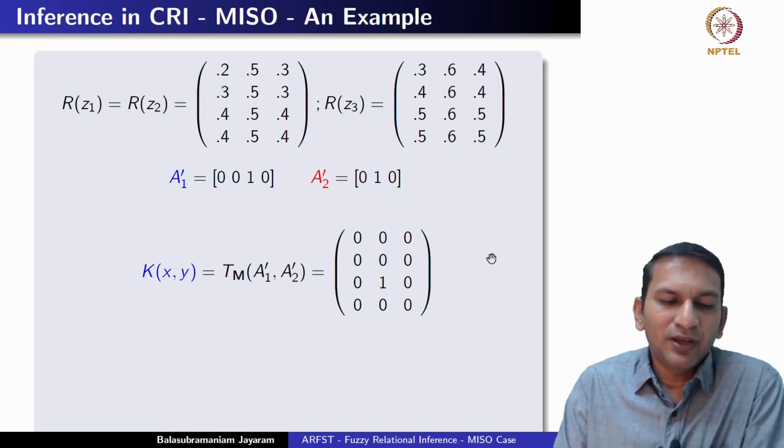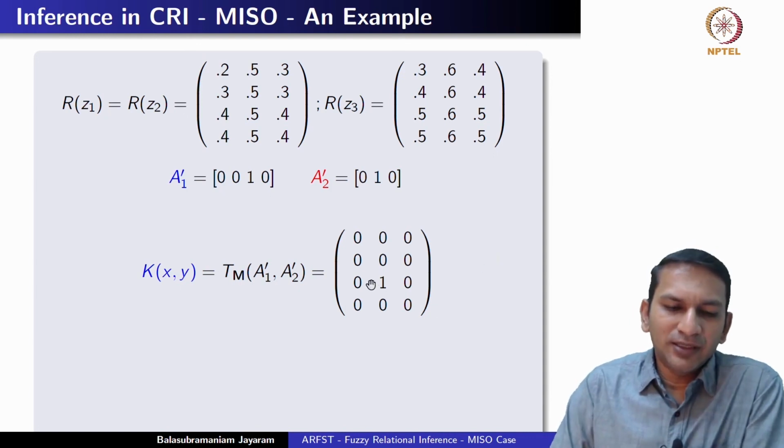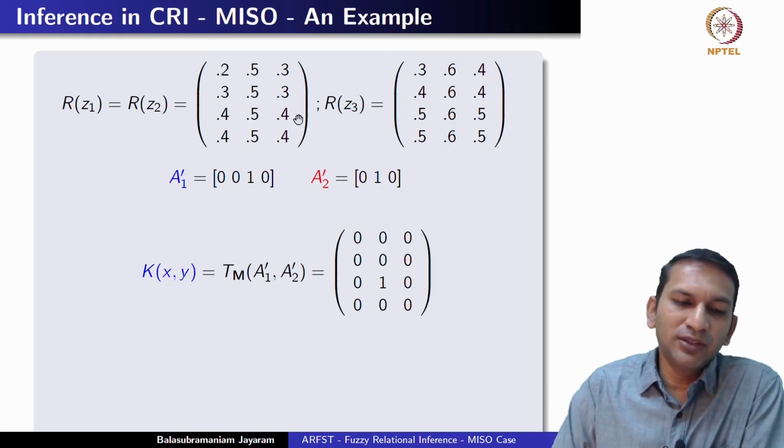You could think of taking this page on which this matrix is written and superimposing it on the page where this matrix is written, and component wise you take the min and take the max min.